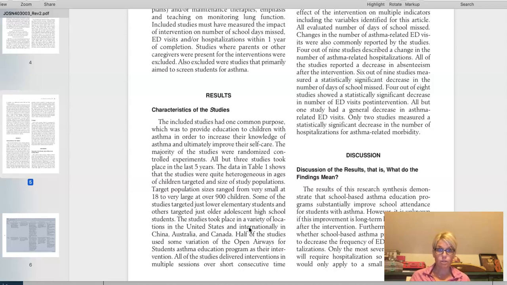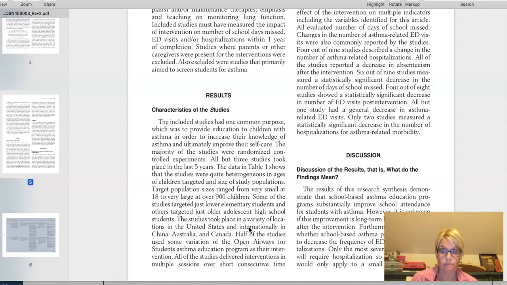All but 3 took place in the last 5 years, which gives you an idea of when they were done. They talk about the ages and the target population size. It ranged from 18 to over 900 children. Some of them had just elementary students, some were high school. The studies took place in a variety of locations in the United States and internationally.